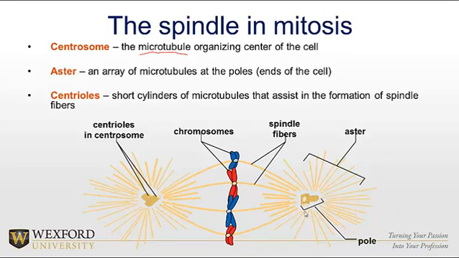Then we have what's called asters. This is an array of those microtubules at the ends of the cells, what's known as the poles. So what's going to happen is that the centrosomes, the center of the cell, are going to be at the opposite poles. It's going to send out asters going out like this.